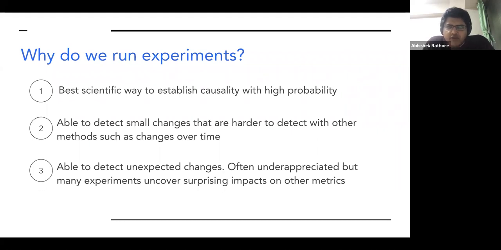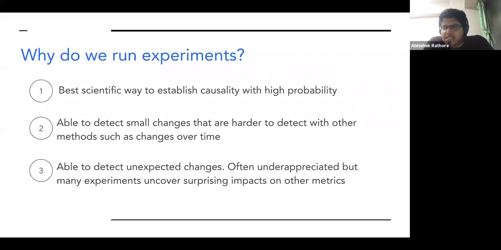What we see is that there is phenomenon one and there is phenomenon two. So you see that you have changed the color of your buy now button from blue to red. And you see that there is maybe an increase in conversions that has happened during that time. But can you confidently say that the increase in conversion has been caused only because of the change in color?